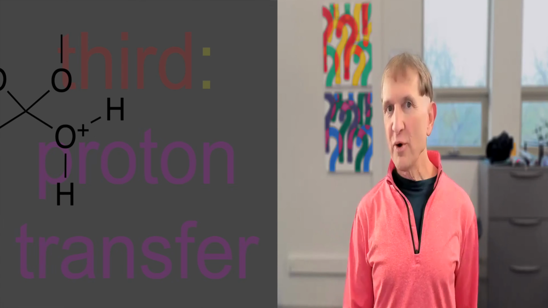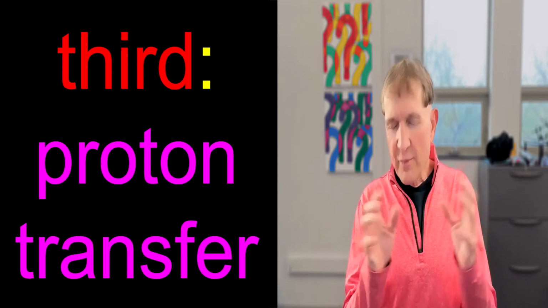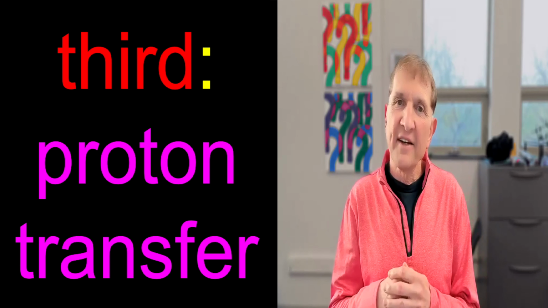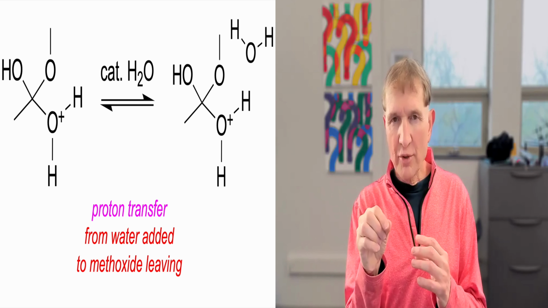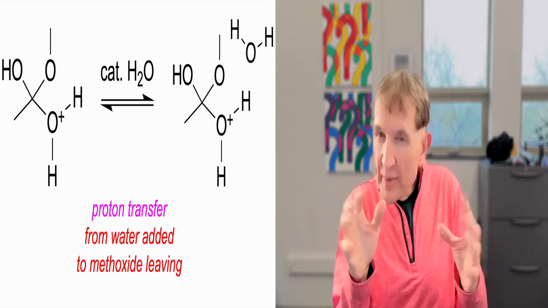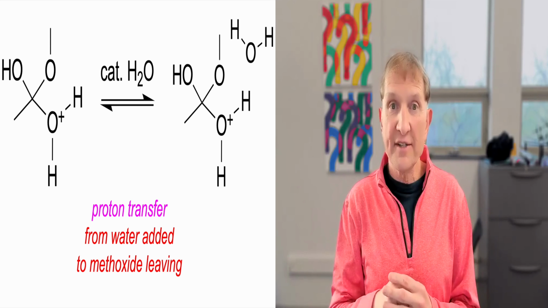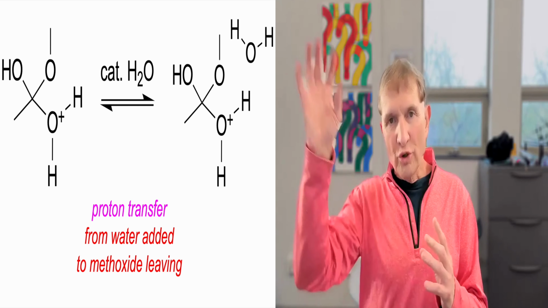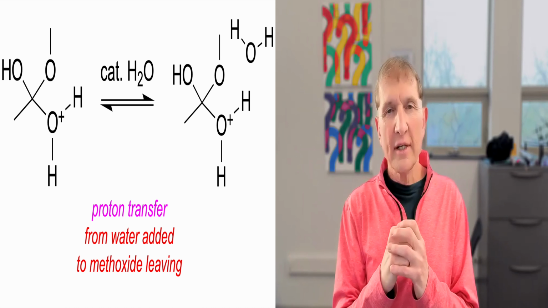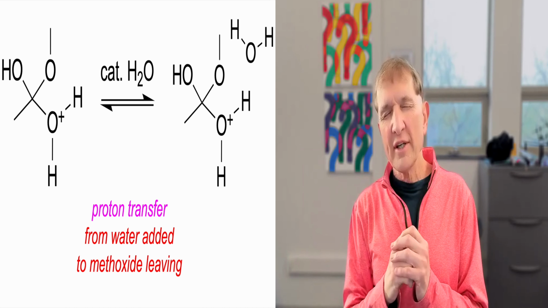The next step is proton transfer, and you can draw this more simply, but I really like using a water to smoothly transfer the protons, because that's a little bit similar to what esterases do, enzymes that hydrolyze esters. Water approaches the tetrahedral intermediate, and think where we're going.